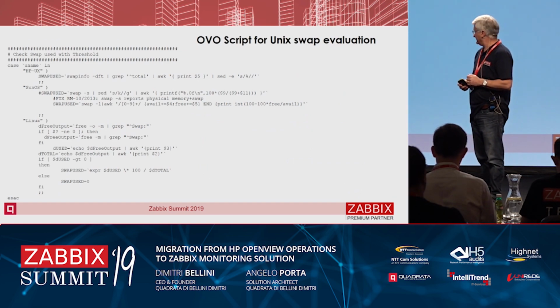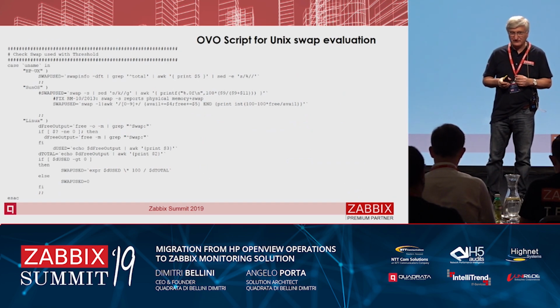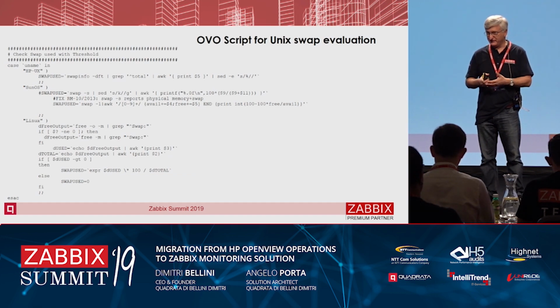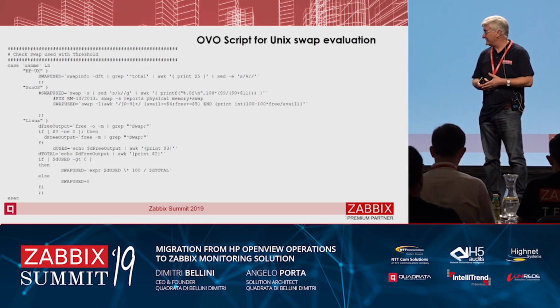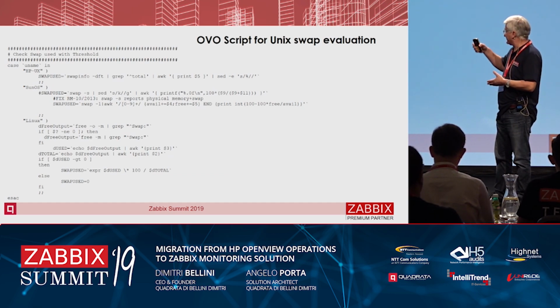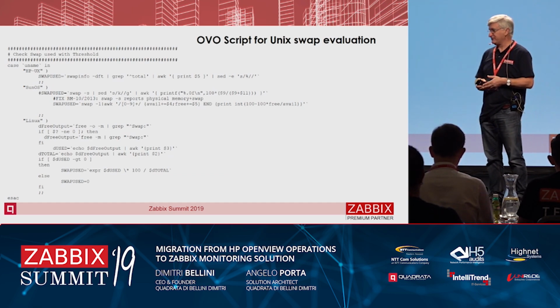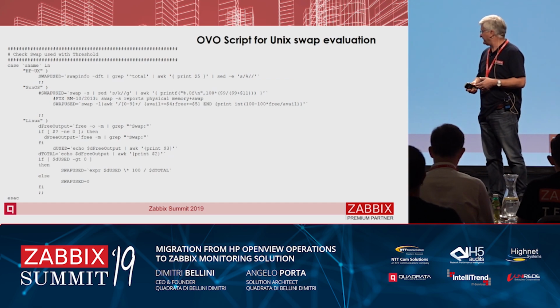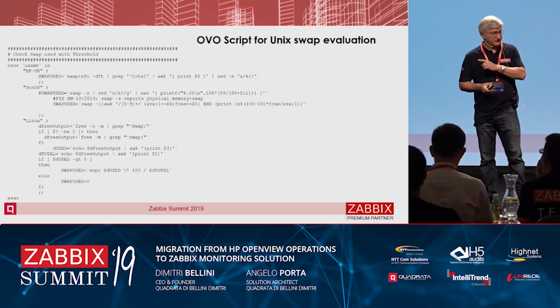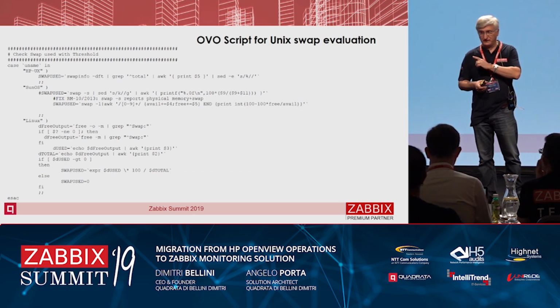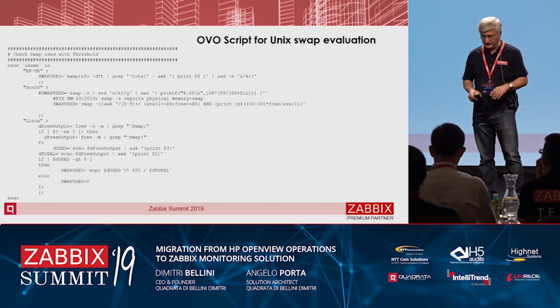Here is the OVO script that you have to build if you want to really use HP OpenView. As you can see, the script is tailored for different operating systems. So you have HP-UX, you have SunOS or Linux. You can see from a comment that this script was modified in 2013, so at least 6 years ago.